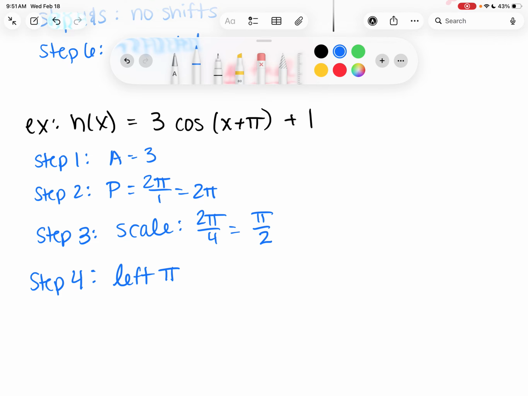It's actually going left 2 spots when I mark my graph. So just make sure you pay attention to that kind of stuff. Step 5, is it going up or down? Up 1. It goes the same direction as the sign for this part out here. And then is this one reflected? No. Nope, so usually I'll do this one like this. Normally if it's not reflected, I don't write anything, I just stop there.